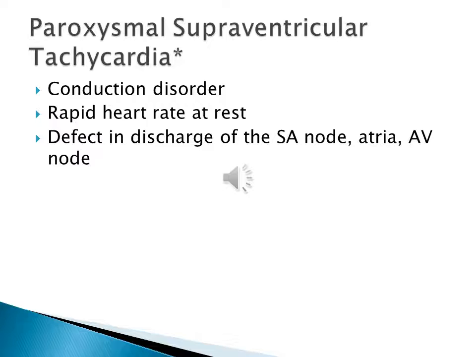And usually the issue here is a defect in the discharge at the SA node, atria, and AV node. So we had talked about, and I want you to know where the SA node and the AV node is and what their main responsibilities are. So it's an issue in regards to the discharge and the function related to those areas.